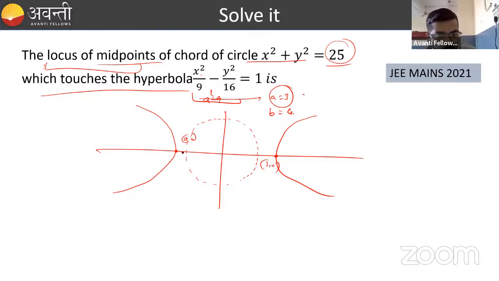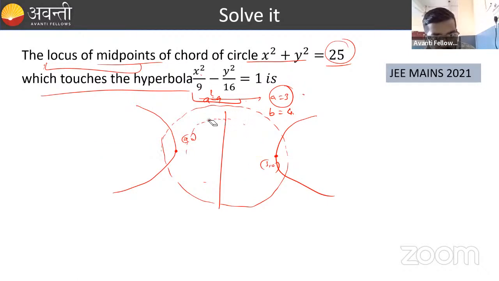It will actually pass through the hyperbola like this. The circle will be a little bigger. Let's erase that circle. So this is how the diagram will look like.